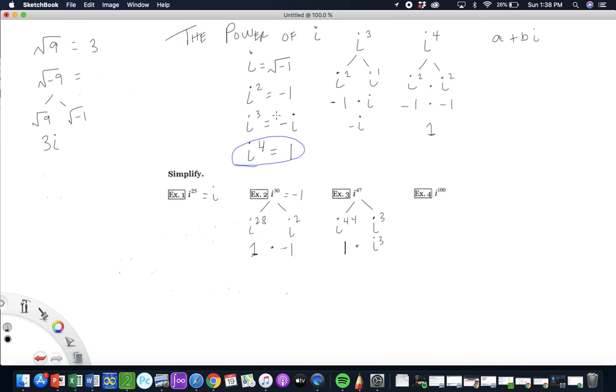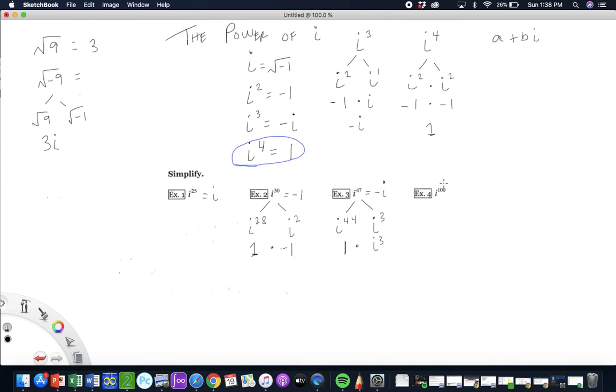I look at my chart here, and i to the 3rd equals negative i. All I'm trying to do is take out as many groups of 4 as possible, and then look at the remainder. The closest I can get to 47 without going over is 44. The remainder is 3, so I look at my power chart, and it equals negative i.